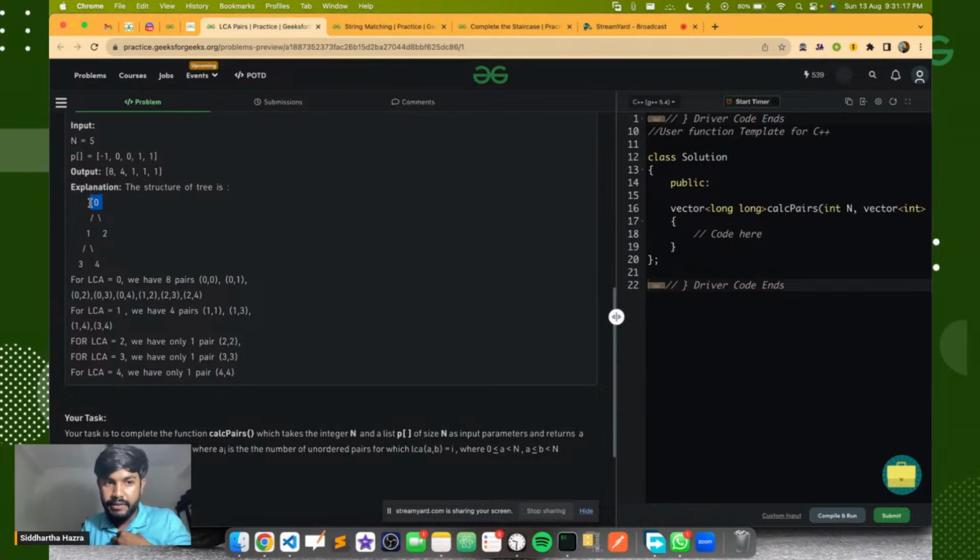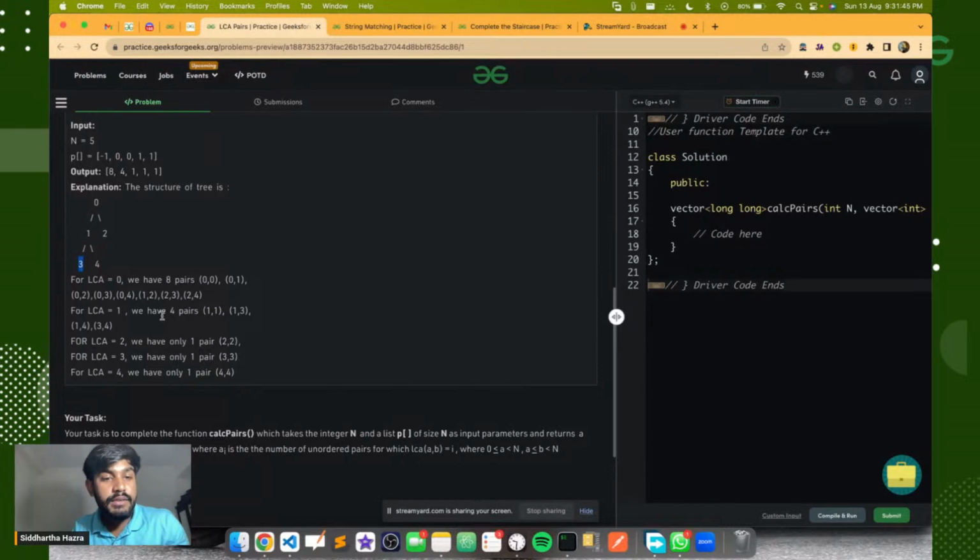Let's say my father asked me who is the common ancestor for both of us. I would say, father, you are the common ancestor, because you are my parent, and for him I am the parent. For 0 and 3, they both are the common ancestor.